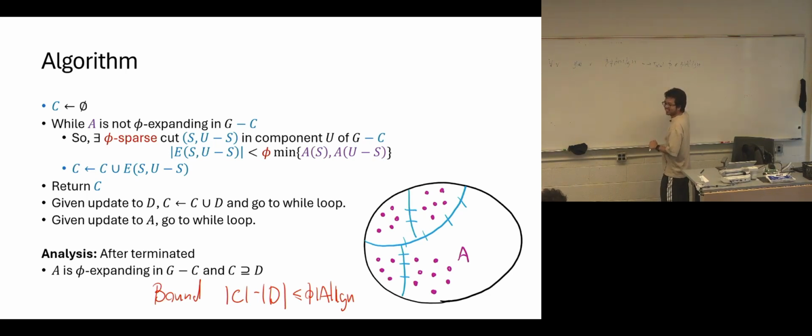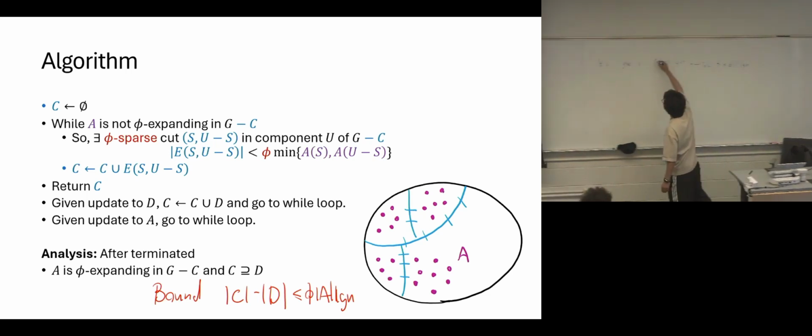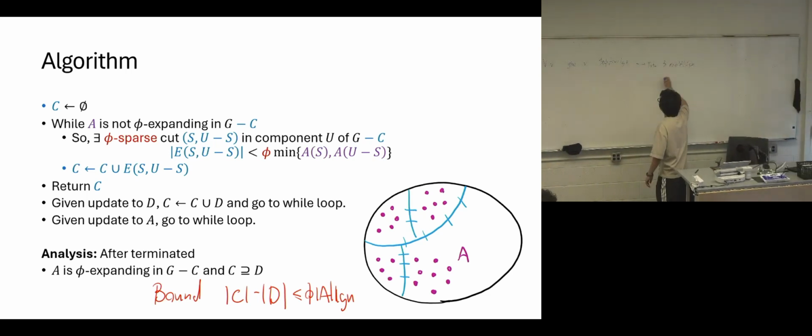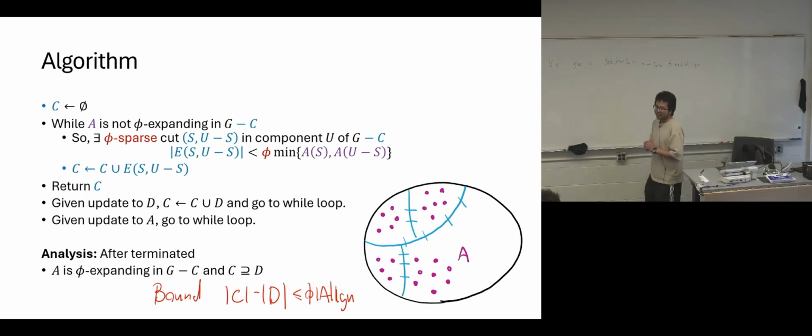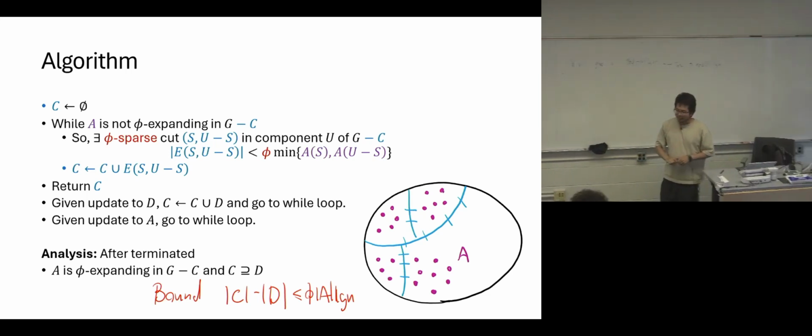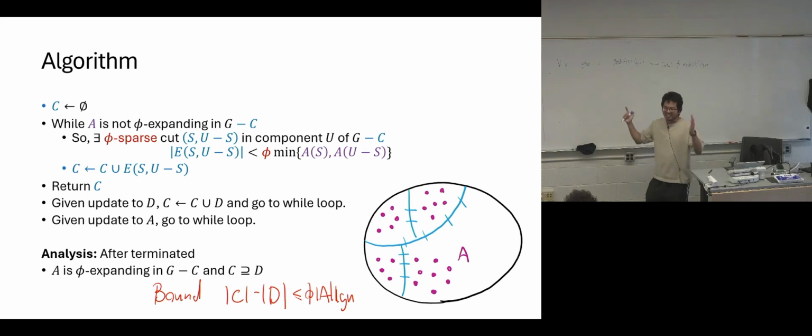Oh, what if we give 2 times that to each node? If you give 2 times this, then it means that we cannot delete more than this much, because we could have something like n squared deletions.